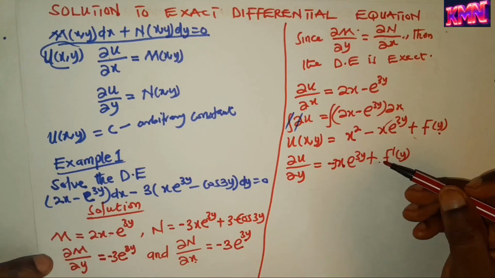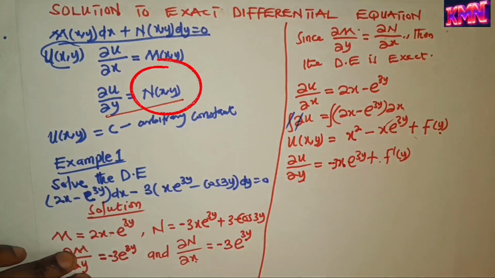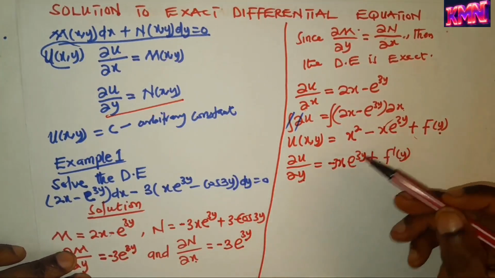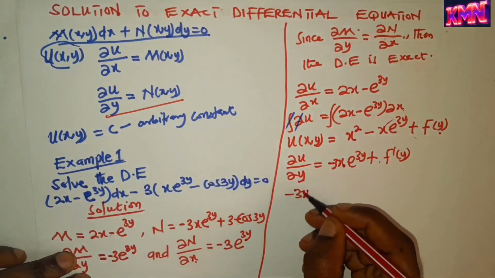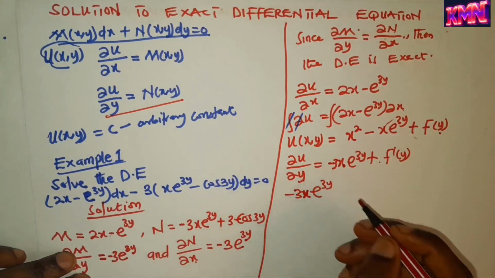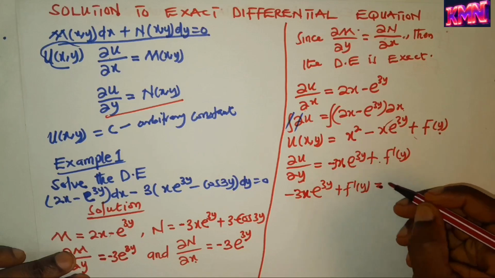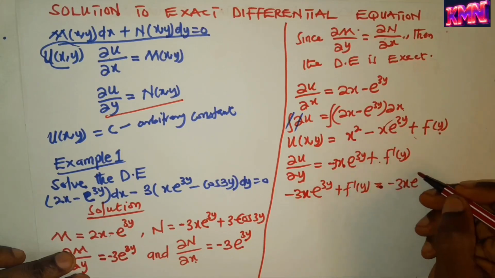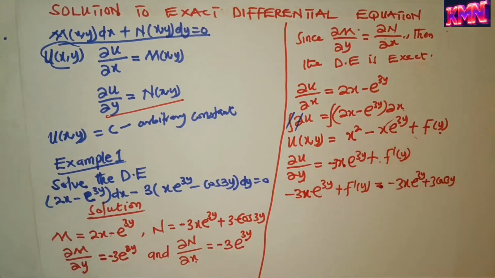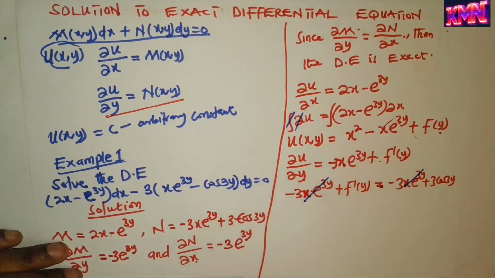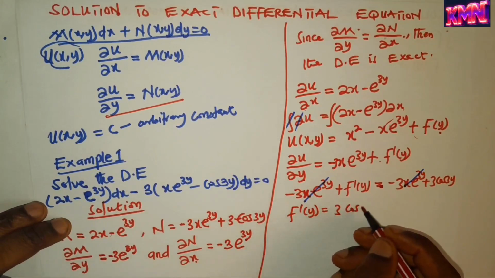Note that we established that del u del y is equal to N(x,y). So negative 3x e power 3y plus f prime of y is equal to N, which is negative 3x e power 3y plus 3 cos 3y. Of course, this cancels this, and now we have f prime of y equals 3 cos 3y.